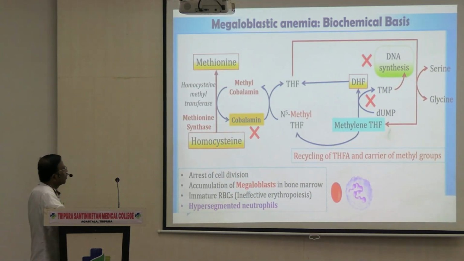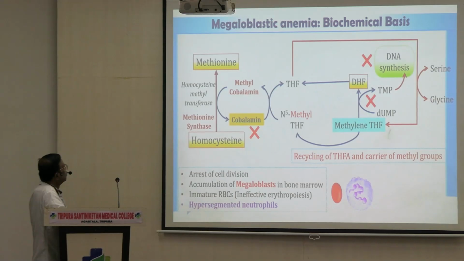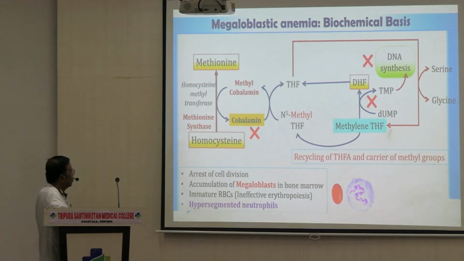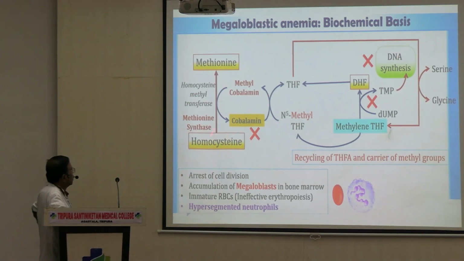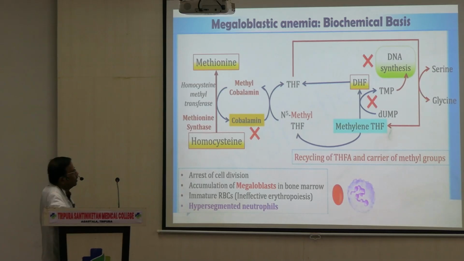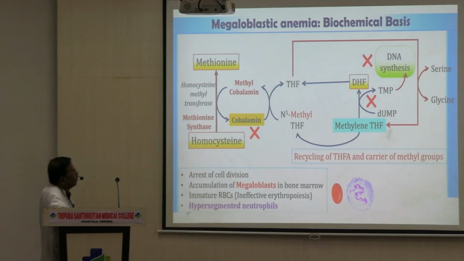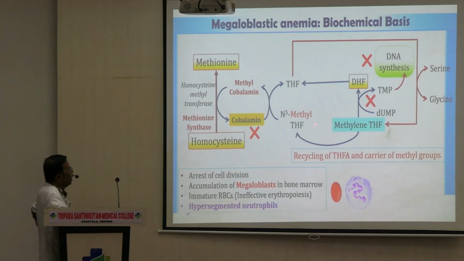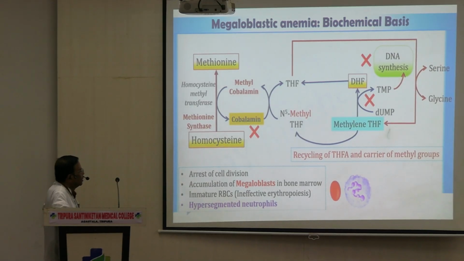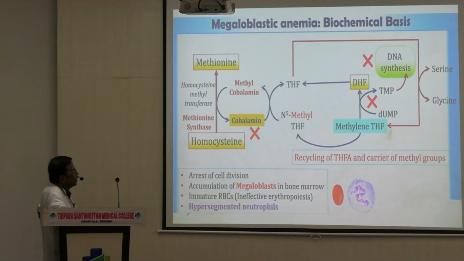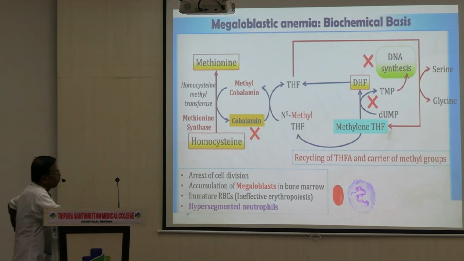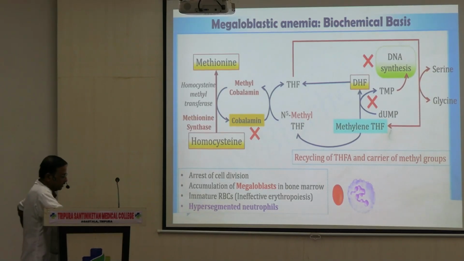This we have already described: cyanocobalamin, how methionine is synthesized from homocysteine, and how DNA synthesis is affected. Thymidylate synthesis is hampered, so there is abnormal DNA synthesis.